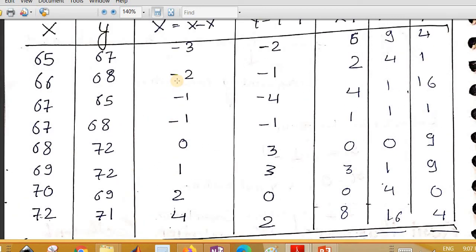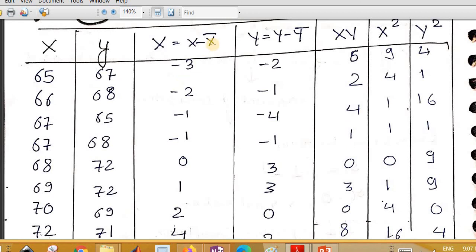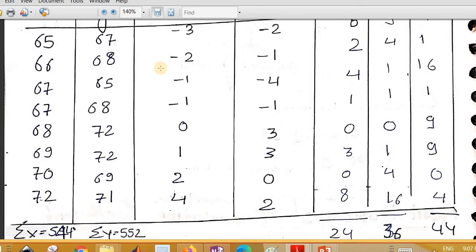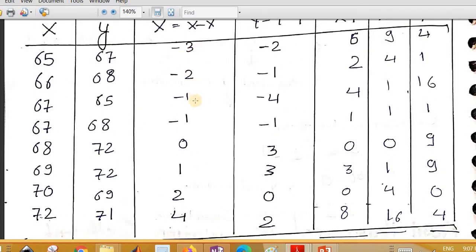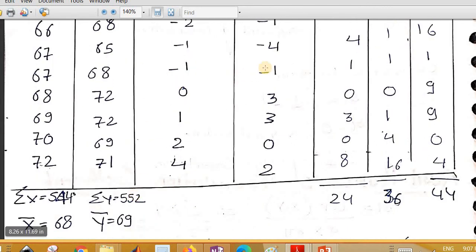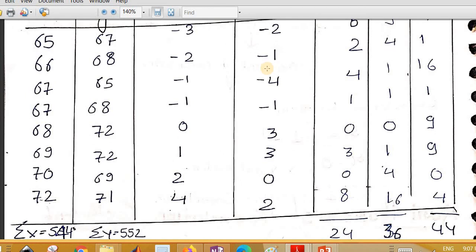Now capital X is denoted as x minus x bar, and capital Y is taken as y minus y bar. How are they computed? Taking the difference of this x, 65, and its mean value, 68, it comes out to be -3. Similarly we get all the values. Here we also compute y minus y bar, from y 67 minus 69. So the values are here -2, -1.